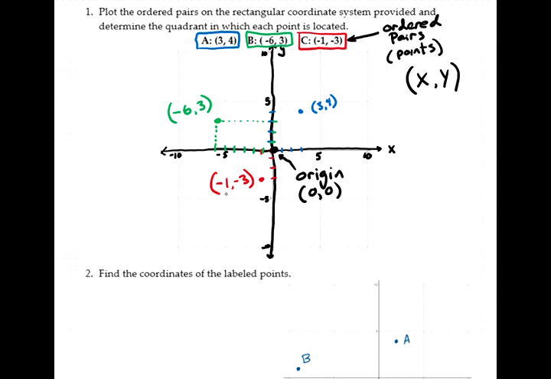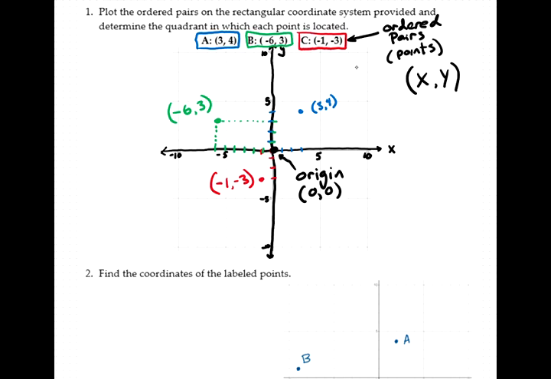Okay, and now the second part of the question is determine what quadrant each point is located in. So this word quadrant, if you look at this two-dimensional plane, it's cut up into 4 pieces: upper right, upper left, bottom right, bottom left, and it's cut up by the axes. So the x-axis horizontal, the y-axis vertical.